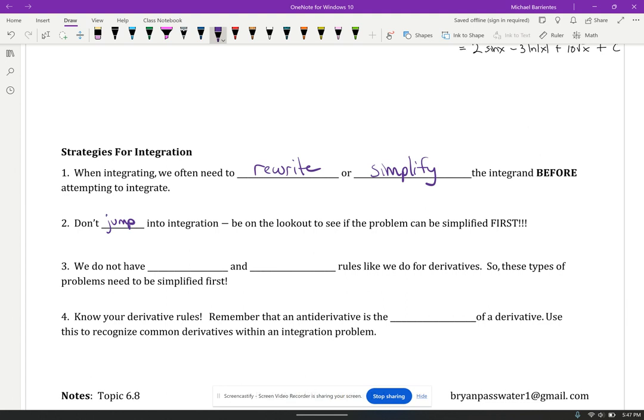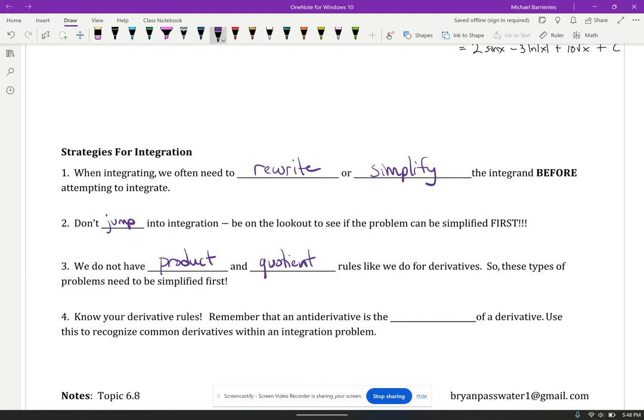The bad news is we don't have product rules or quotient rules like we do in differentiation. So we need to simplify the integrand first before we head into taking the antiderivative.